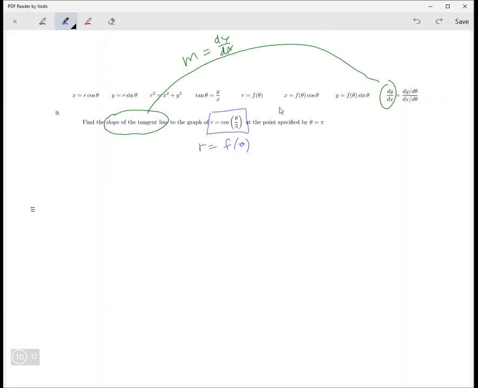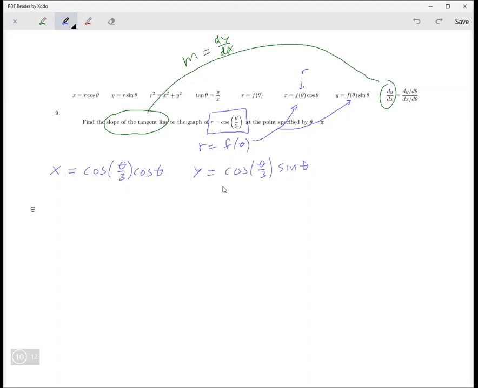Now we know that x is r cosine theta, and y is r sine theta. So x would be this f of theta cosine theta, and y is going to be f of theta sine theta. So x is cosine theta over 3 cosine theta, and y is cosine theta over 3 sine theta.